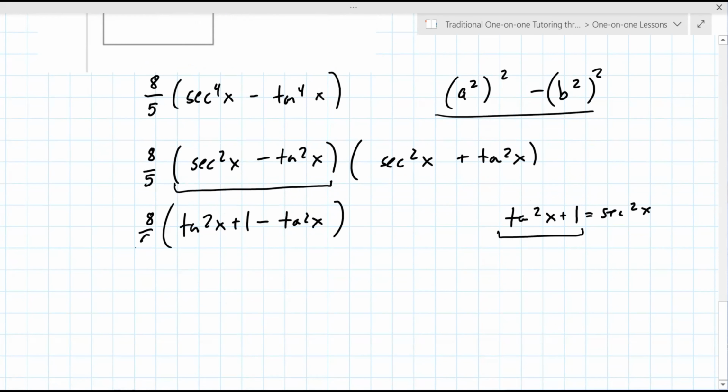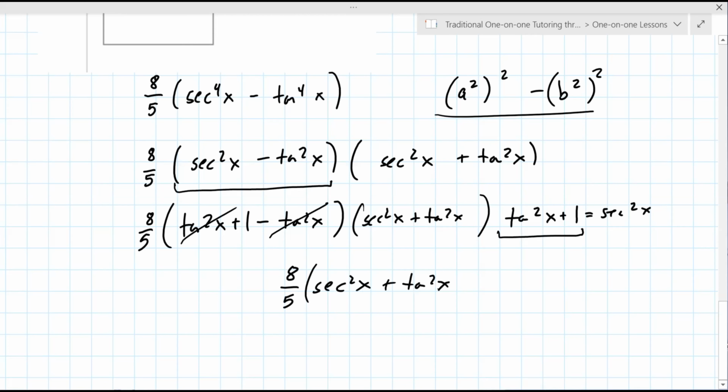You've got that 8/5 out in front, and then this comes down to secant squared x plus tangent squared x. So inside the parentheses, the tangents cancel, leaving you with 1. So you get 1 times 8/5 times secant squared x plus tangent squared x, which isn't anything. This does not reduce.